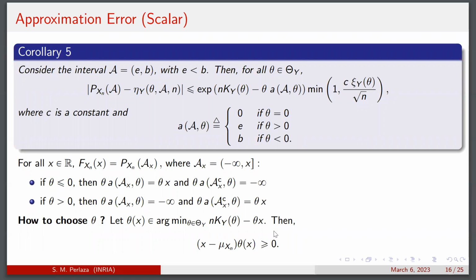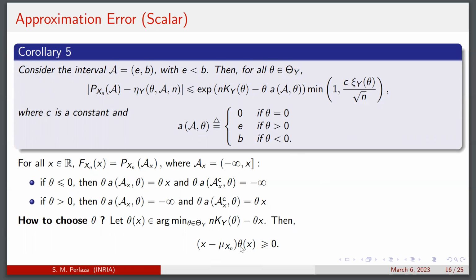Then in the scalar case, we have something very simple, right? Because this a function is either choosing, if we have an interval, either the smallest value or the biggest value. And the key point is that it highlights a property of the solution. So the point at which we want to approximate the CDF, x minus the mean of the ground truth random variable, times the optimal theta, so the one that minimizes the exponential term, is always positive.